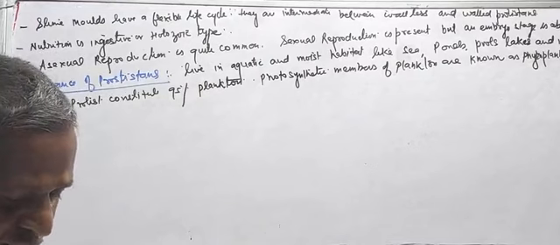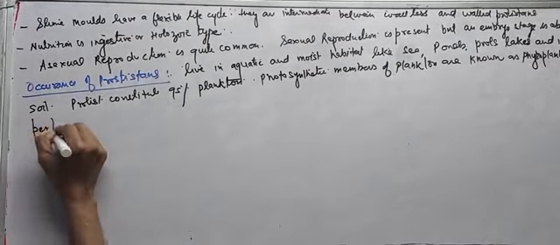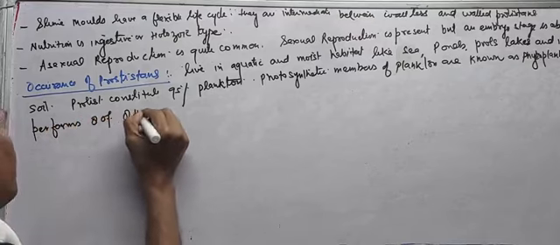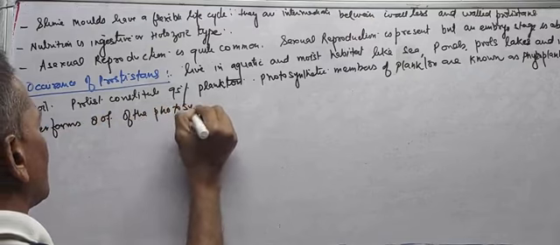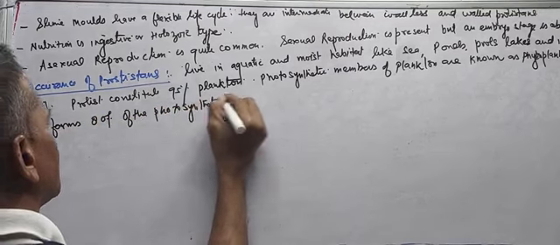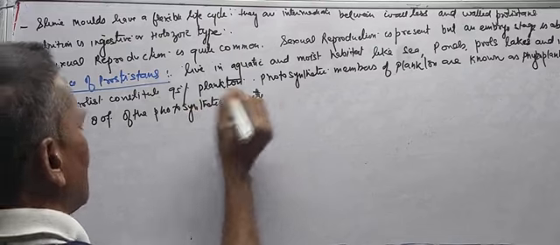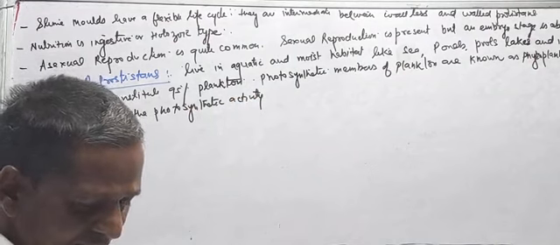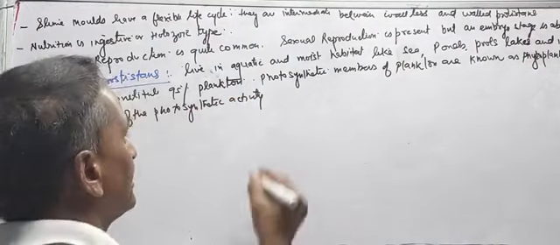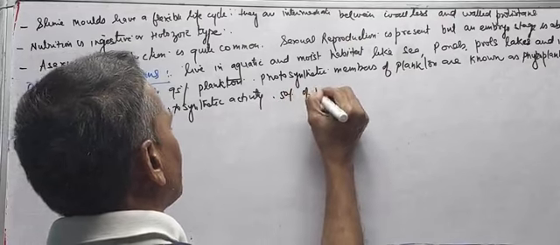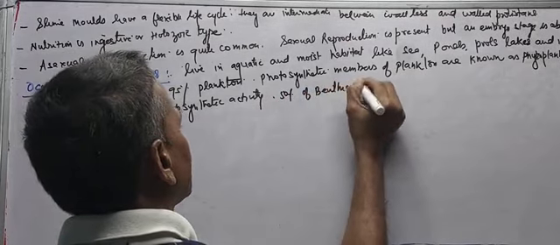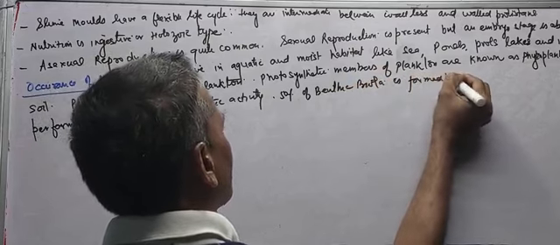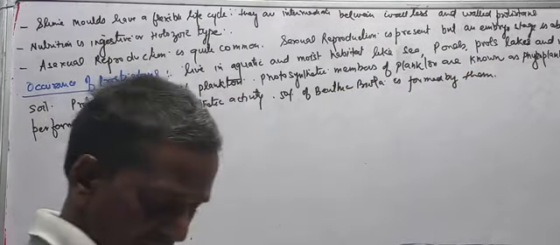They perform 80% of the photosynthetic activity. 50% of benthic biota is formed by them.